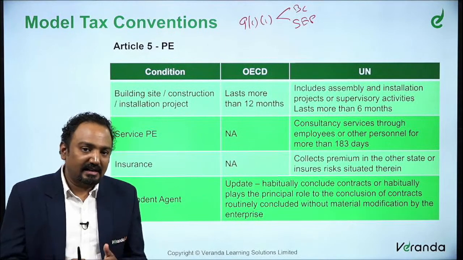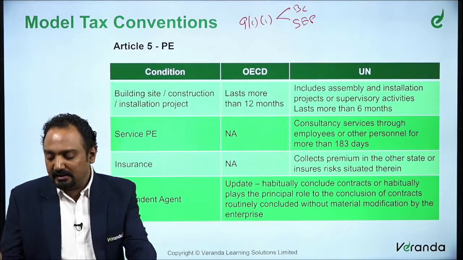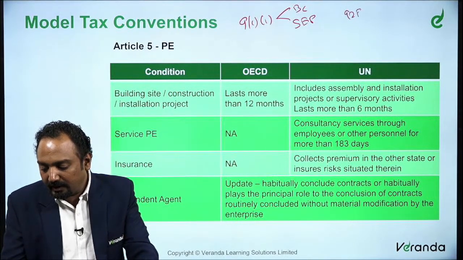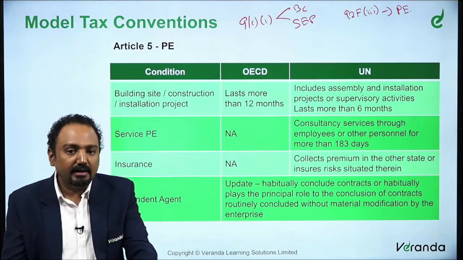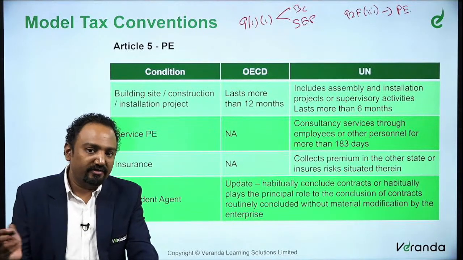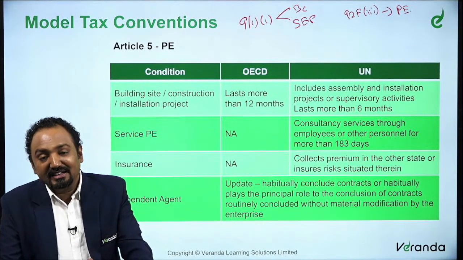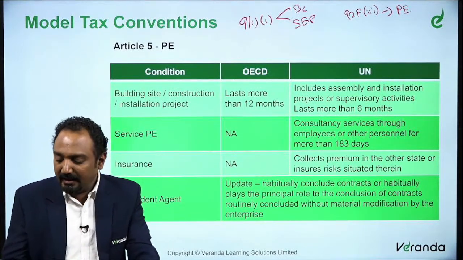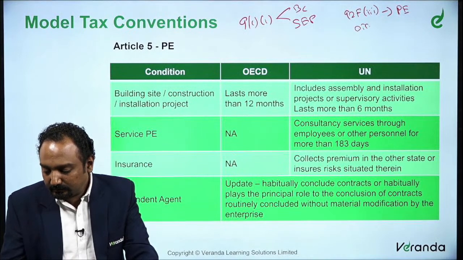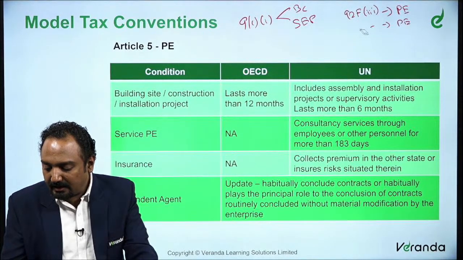So what does Article 5 say? In the Income Tax Act, Chapter 10, Section 92F Clause 3 defines PE, what is a permanent establishment. Similarly, in the DTAA, PE is defined in Article 5. So we will refer to it as Article 5.